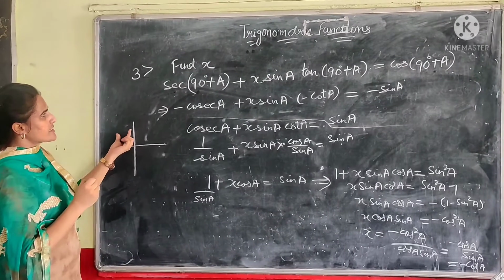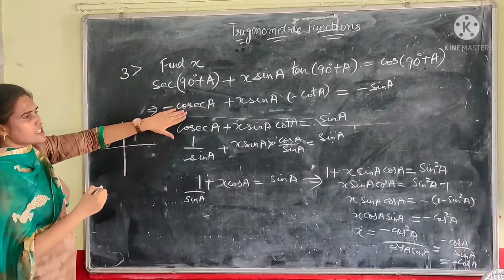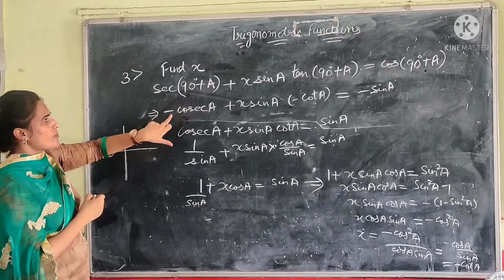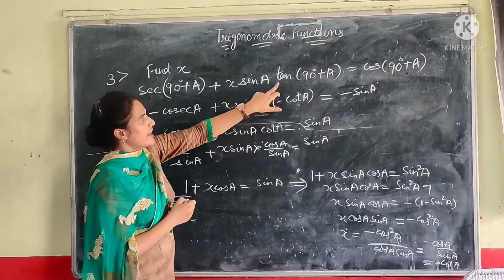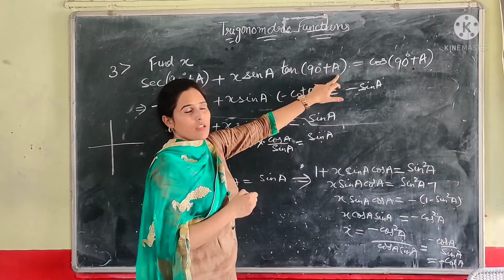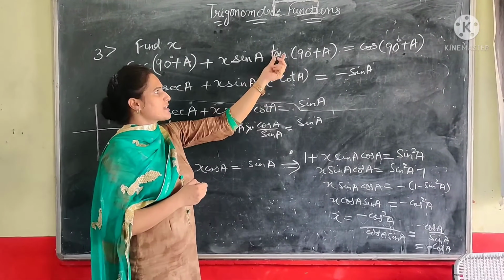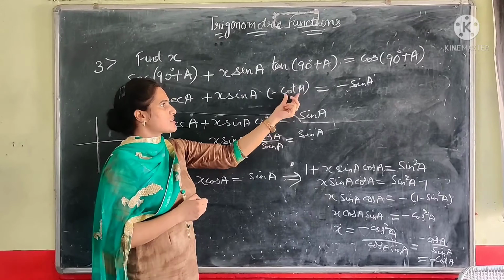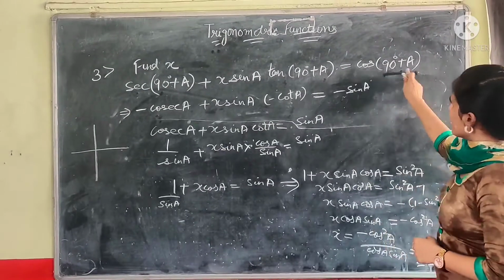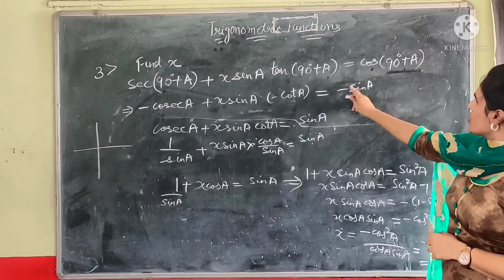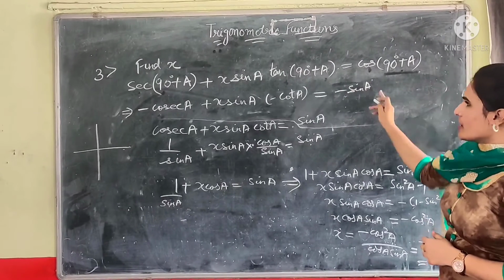In second quadrant secant is negative, so minus of secant changed into cosecant for 90 degree. So minus cosecant of a plus x sin a and tan of 90 plus a. And in second quadrant tan is again negative and tan is changed into cot, minus cot a is equal to, again in second quadrant cos is negative, so cos is changed into sin, minus sin a.